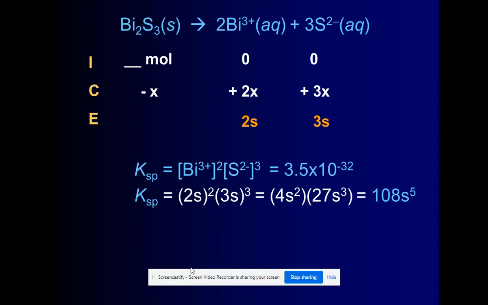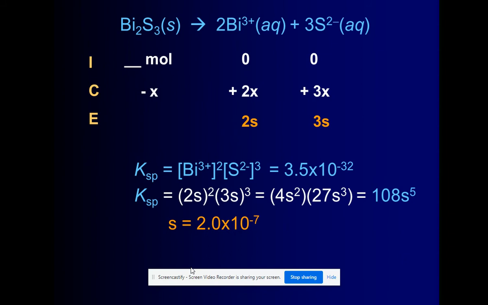Since we know the value of Ksp and we know what the expression for Ksp represents in terms of solubility, we should be able to set the two equal to each other and solve for what the actual solubility is for bismuth sulfide, and it was 2 times 10 to the negative 7th. Really small amount. Very, very little bismuth sulfide would need to dissolve before you would start seeing the precipitate form.